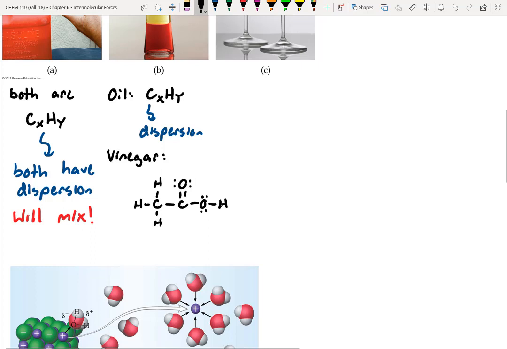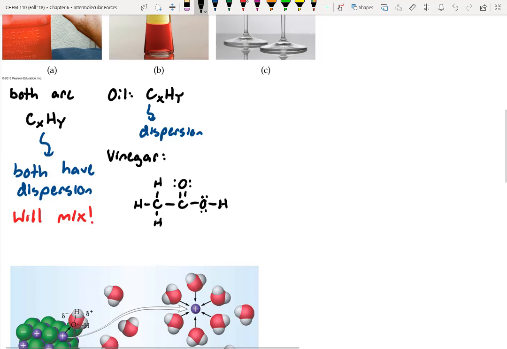So this is the molecular formula for vinegar. In addition to there being water in it, you normally don't drink pure acetic acid, which is shown. What's the main intermolecular force here? Do you think it will be dispersion anymore? Probably not, because we know they're not mixing.